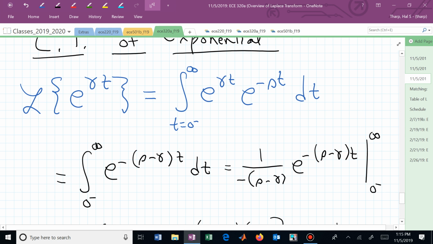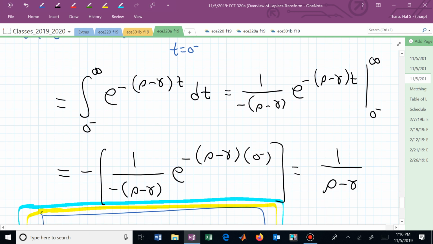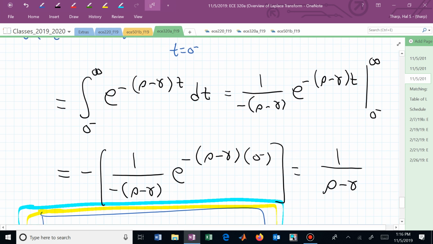And now we have e to the minus s minus gamma times t dt. We've already done this integral when we were doing the unit step. We now have 1 over minus the exponent, s minus gamma, e to the minus s minus gamma t. Evaluate that at the upper and lower limits.